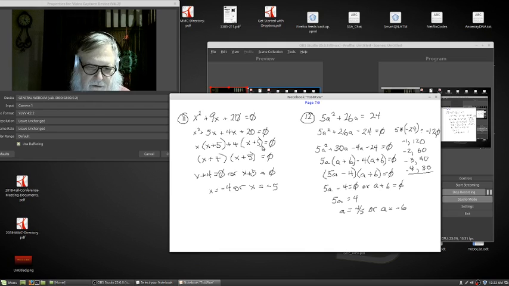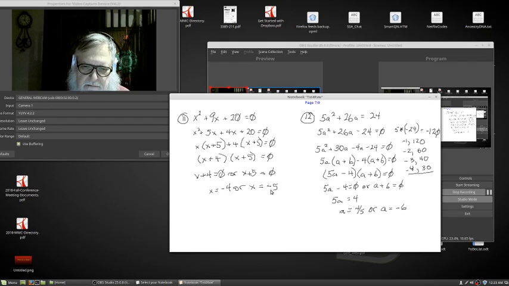Kind of reverse our distributive property of multiplication over addition, and we get x plus 4 times x plus 5 is equal to 0. So that means that either x plus 4 is 0 or x plus 5 is 0. So that means either x is negative 4 or x is negative 5.